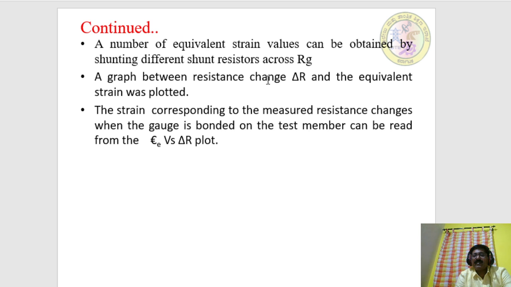The strain corresponding to the measured resistance changes, when the gauge is bonded on the test member, can be read from the plot of epsilon E versus delta R. That is strain versus change in resistance plot.